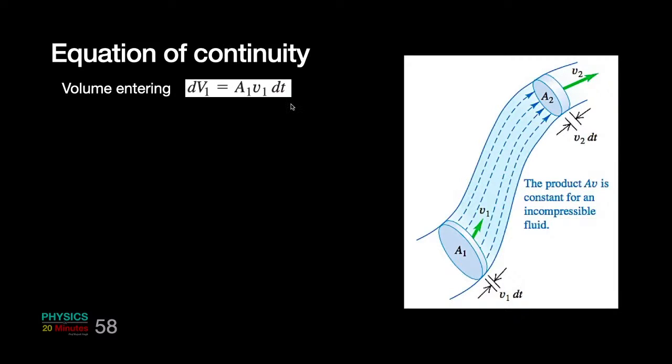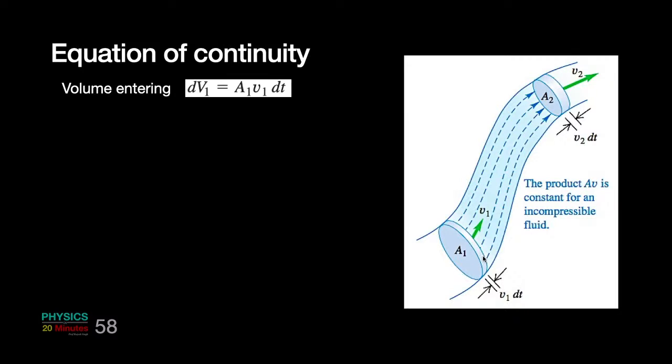So, how much volume is entering the tube at a given instant? The volume that is entering the tube in small time interval dt is going to be the volume of this cylinder. Just imagine this entire cross section was here when time started. After time dt, the cross section has moved to this position.